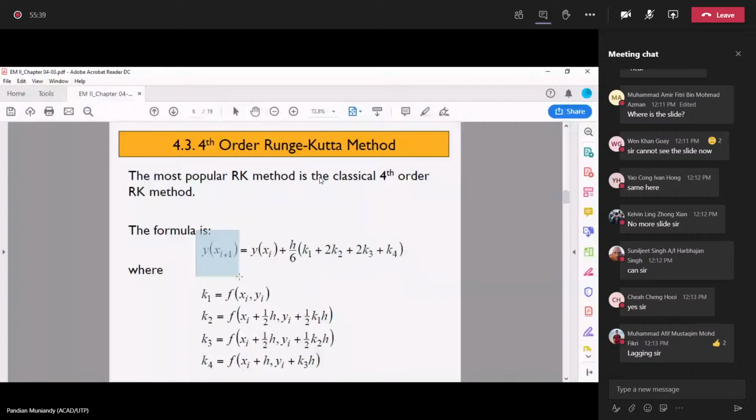Substitute xi with i equals 0. We call it x naught. This xi plus 1 becomes x1, x subscript 1. What does that mean? That means we put x naught as the initial input.